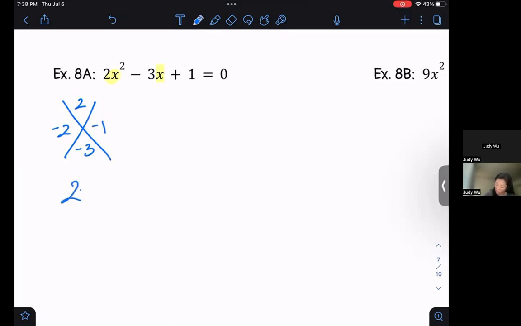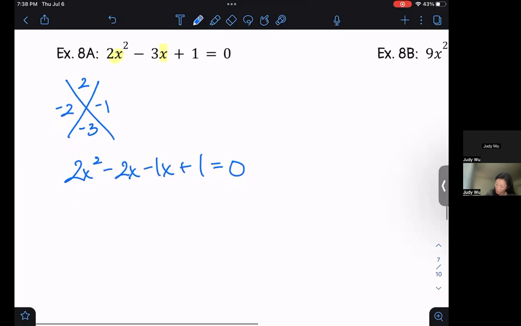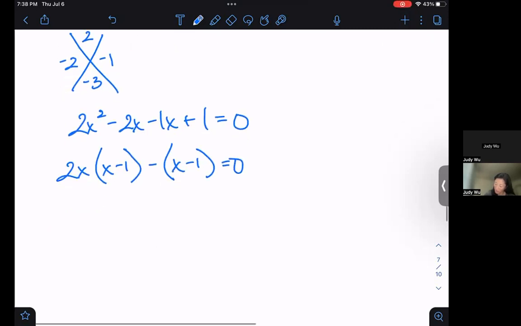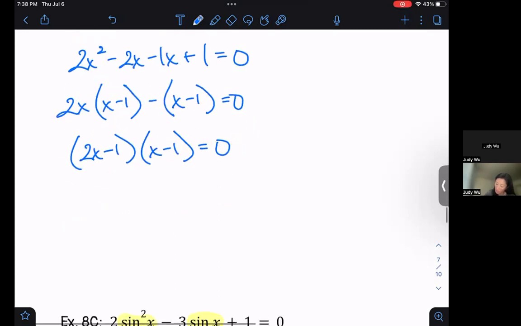So I get 2x squared minus 2x minus 1x plus 1 equals 0. I factor the first two, I pull out a 2x, and I'm left with x minus 1, minus, pull out a -1, x minus 1. This factors into 2x minus 1 times x minus 1 equals 0.